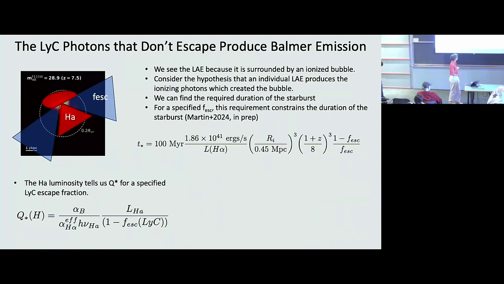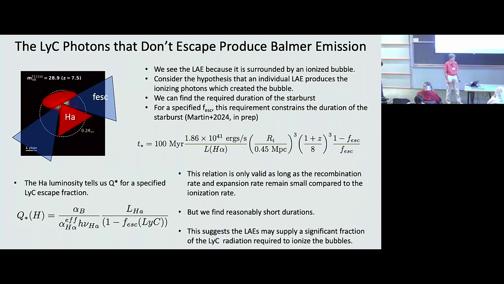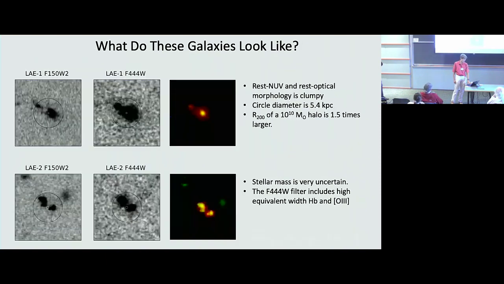You have 100 million years for a bubble of half a megaparsec size, which leads us to think that the Lyman alpha emitters that we see could actually be, and I say could because this is work in progress, providing a significant fraction of the photons required to ionize the bubble.